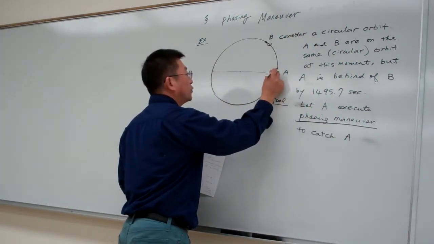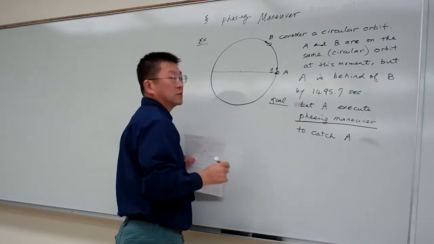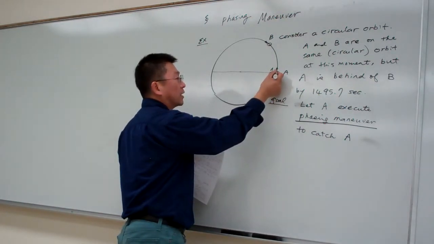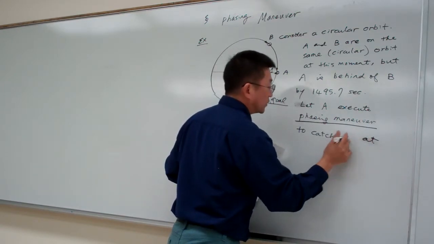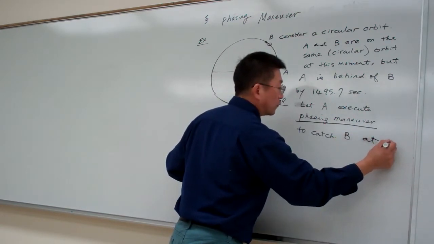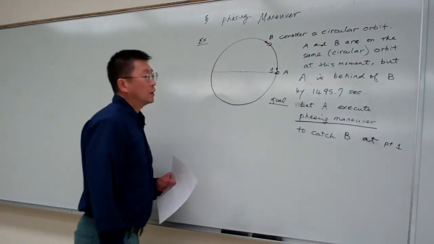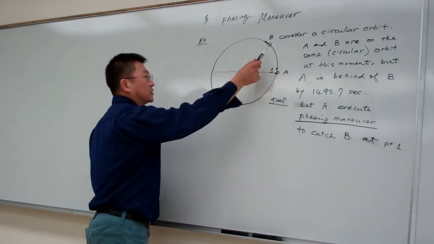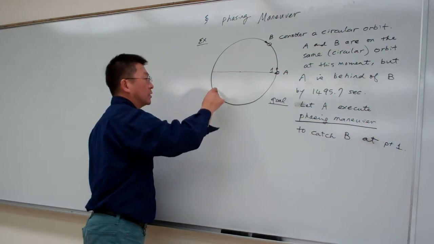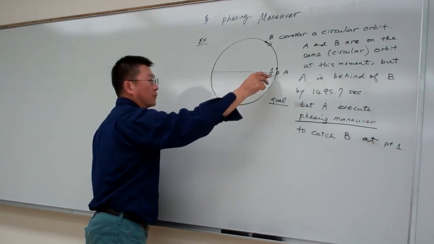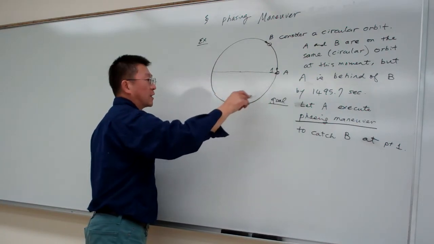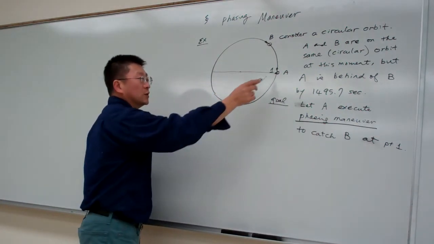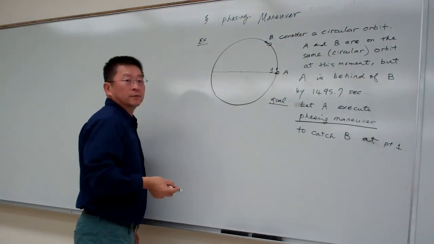So let me say this point is point 1, and where A is located starts to catch B at point 1. That means I'm expecting when B completes a cycle and gets to point 1 here, A doing the phasing maneuver will meet B at the same time at point 1.